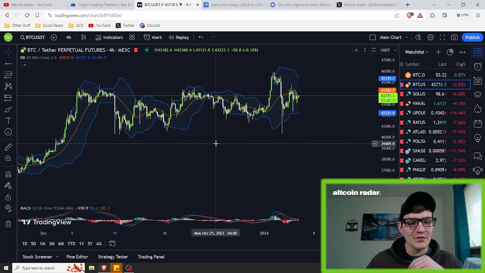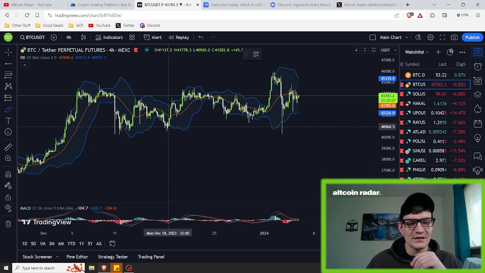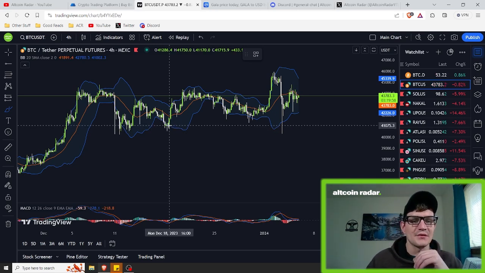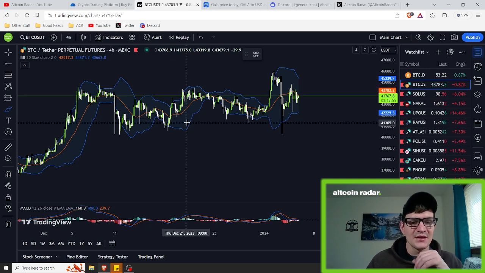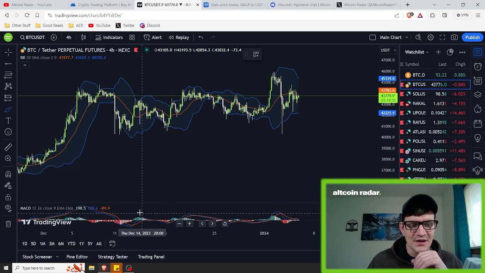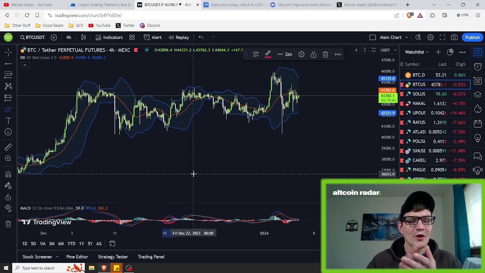As far as how I personally use the Bollinger Bands, this is a perfect example. I would wait until price action falls below the lower band, and then I would place a long order as it's starting to wick out straight through it, okay? Because technically it could keep going down, but we've got this other indicator down here that tells us volatility is starting to shift and we are going to start rising here soon.